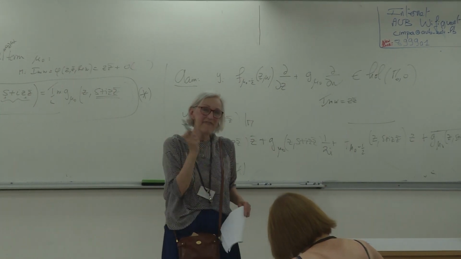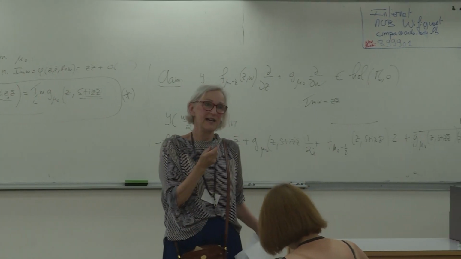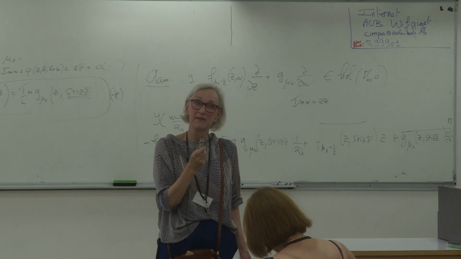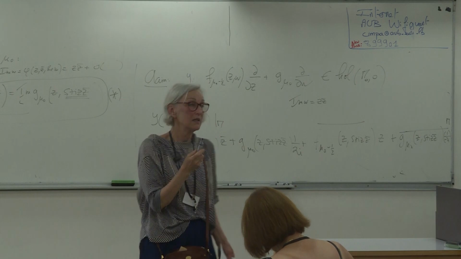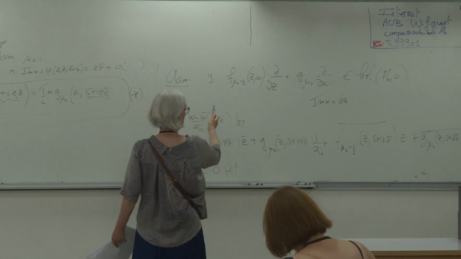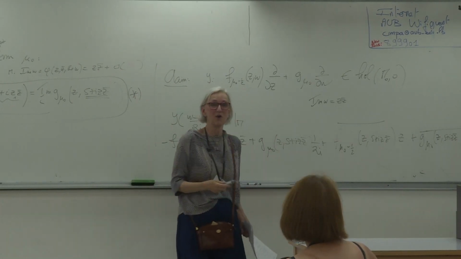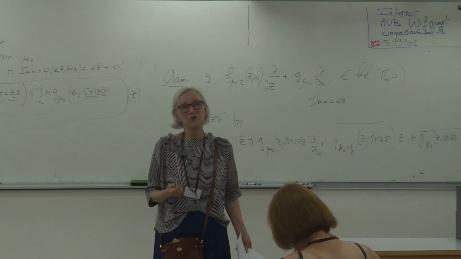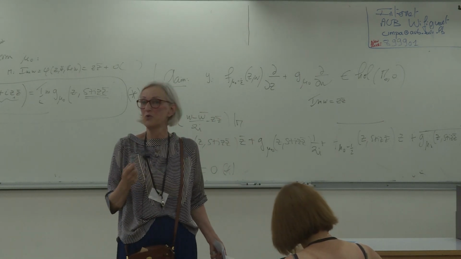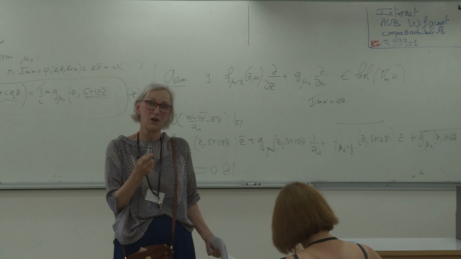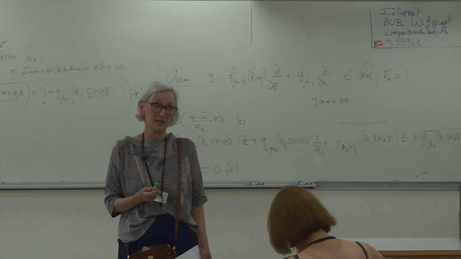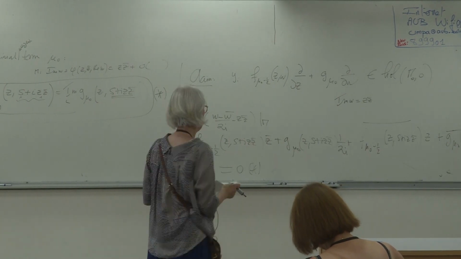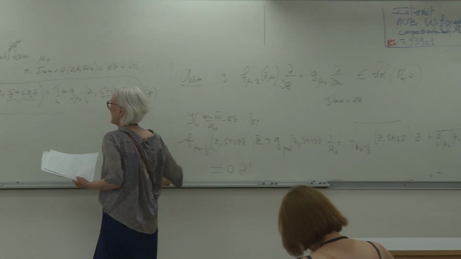That means that F mu naught cannot be of degree. What are the possibilities for F mu naught minus 2 and G mu naught? We saw that you can only have mu naught of weight linear or degree 2. Okay? That's the information.